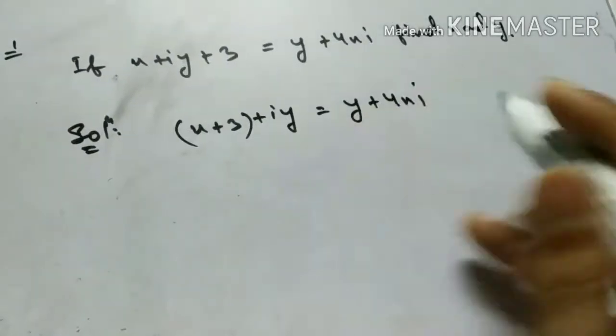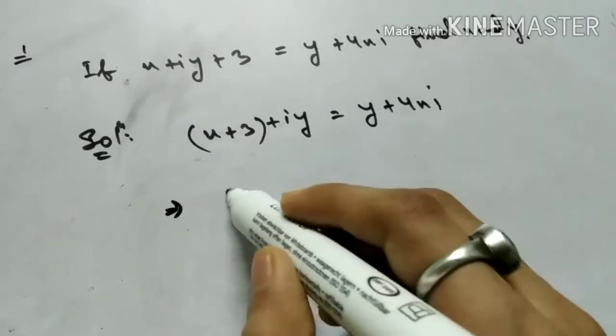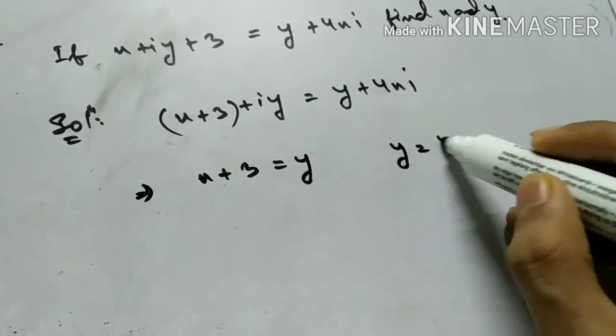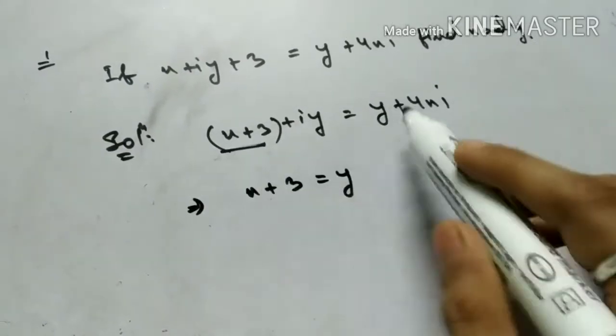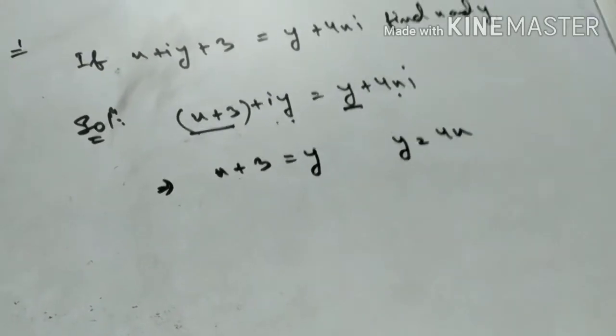Since these two complex numbers are equal, therefore I can say that x plus 3 is equal to y and y is equal to 4x. Real part equal, imaginary part equal.